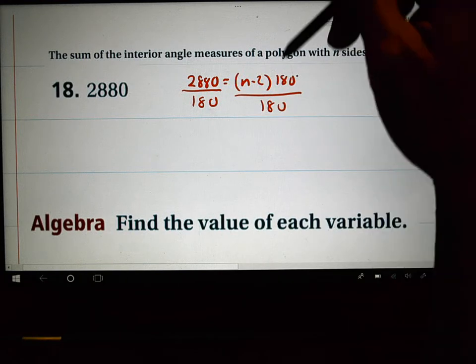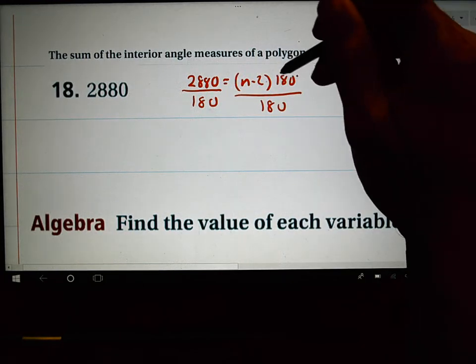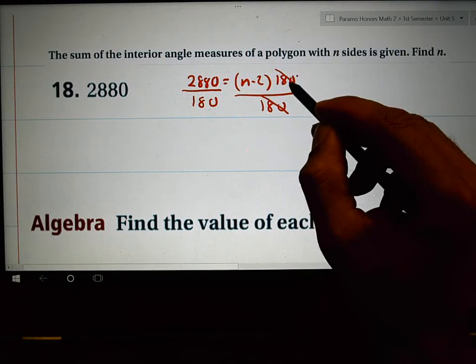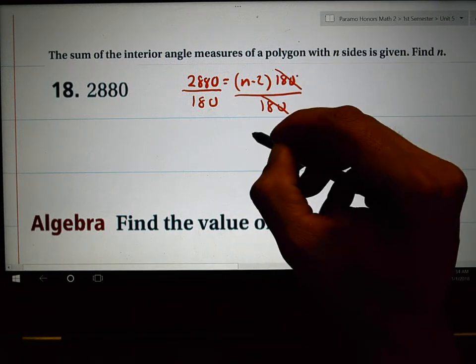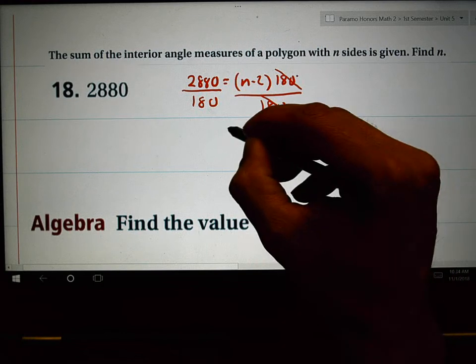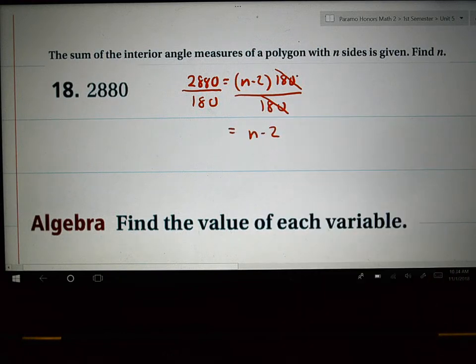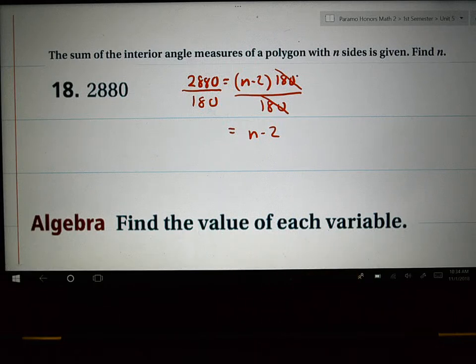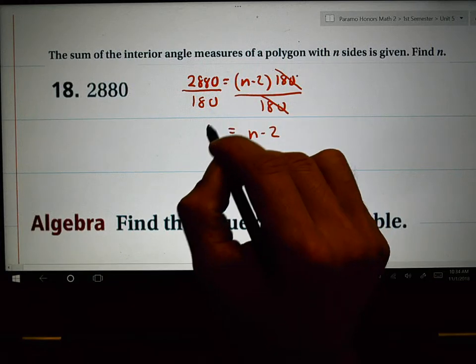I personally will divide both sides by 180 because 180 goes into 180 one time. 1 times n minus 2 is just n minus 2. That makes everything a little bit smaller first. But if you want to distribute, go for it. You can solve this by the distributive property. It doesn't matter. 2880 divided by 180 is 16.